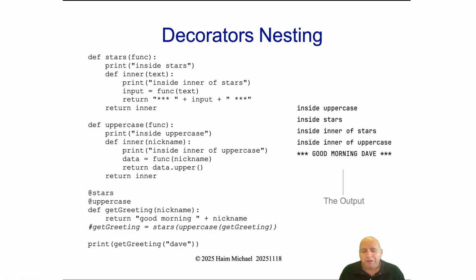So we can develop a lot of decorators and use them in various combinations, and the effect would be accordingly. Now if you go over the output, you can understand the exact flow, what exactly happens when we execute this specific code.